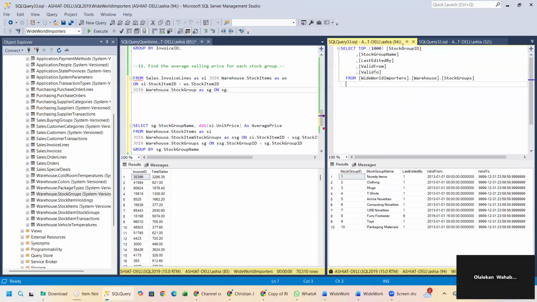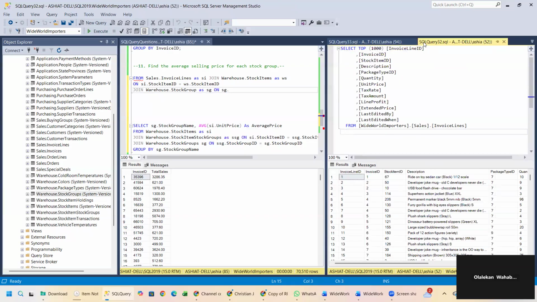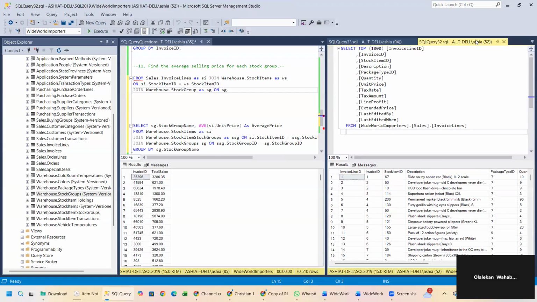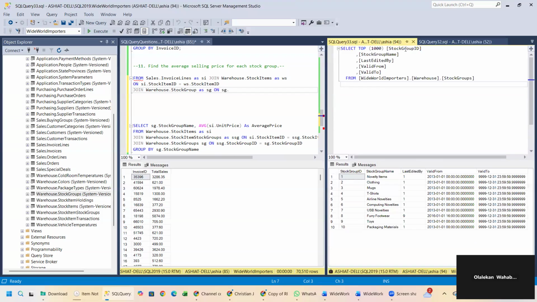Let's look: we have stock group ID here. From invoice line we don't have stock group ID, so where's the rest? The second one has stock group ID. Stock group ID, that's from stock group.